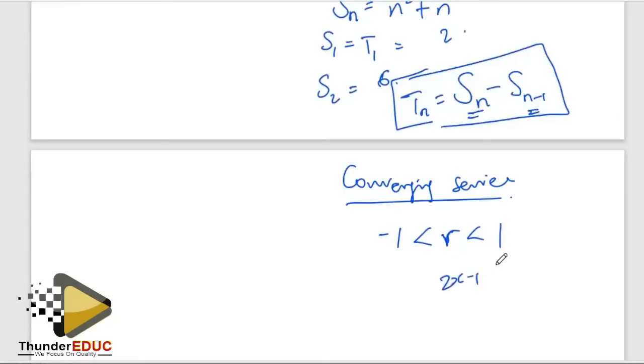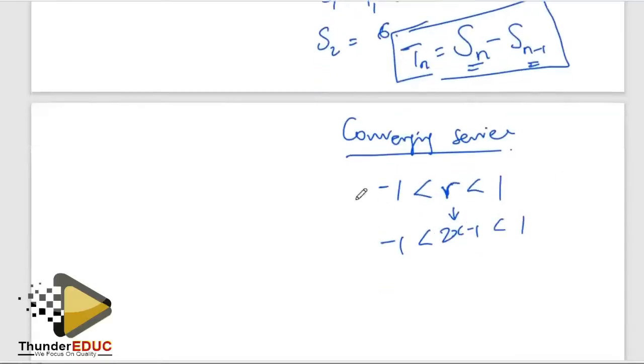So if, let's say, we have 2x minus 1 as our common ratio, if we put it within this interval and then solve for x, you move the -1 to either side, it's going to be a plus 2 that side, and then this side is going to be a 0, is less than 2x. Divide through by 2, 0 is less than x, and then is less than, let's say, 1.